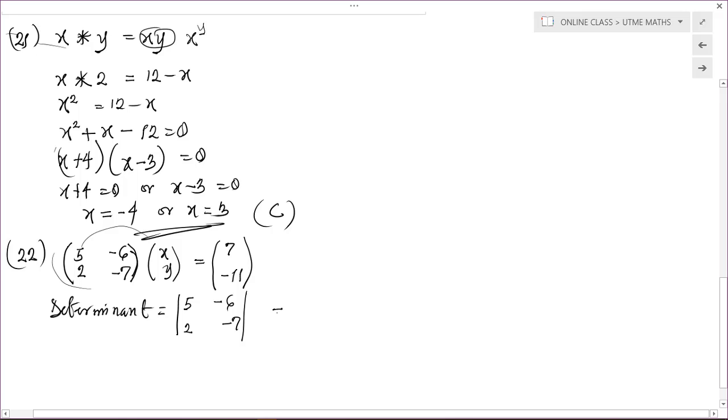This means that what we are doing is to just say 5 times minus 7, minus 2 times minus 6. What will that give us? We have minus 35 plus 12, so the answer here is minus 23.